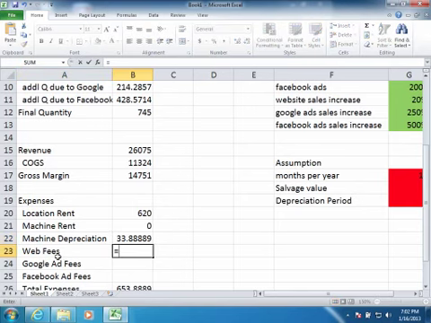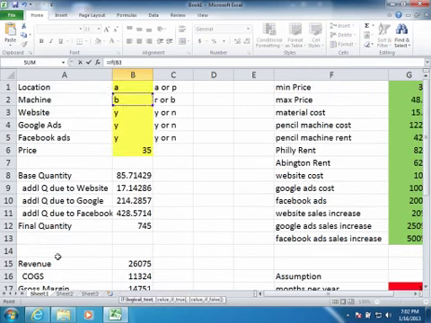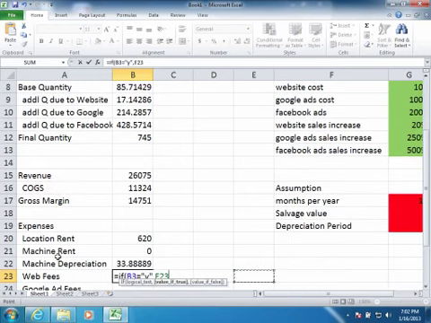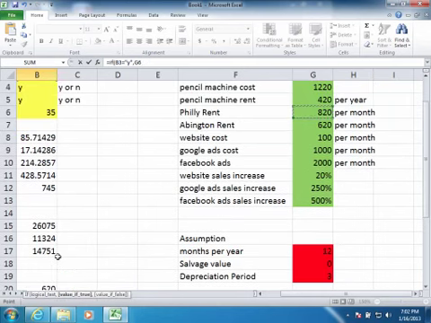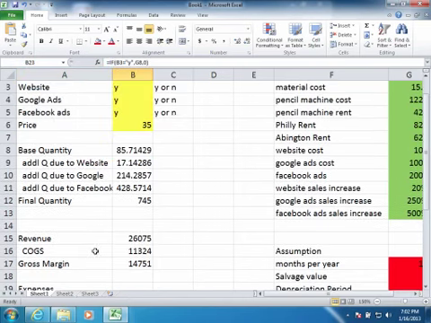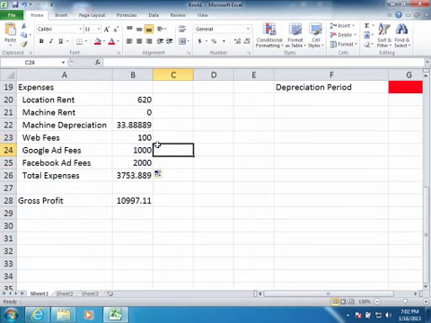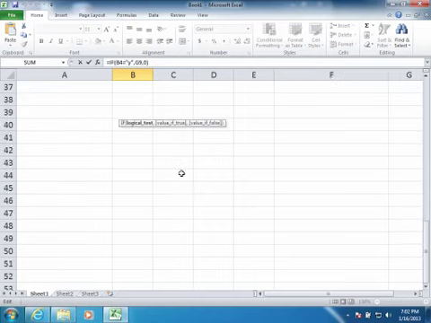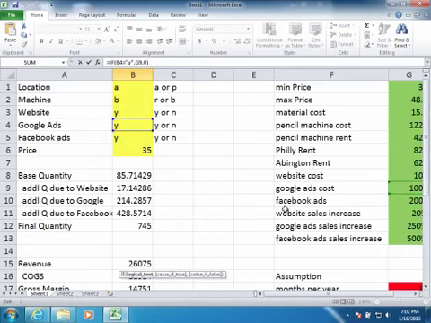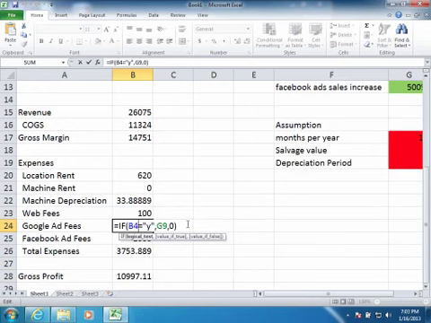All right, so web fees equals if website equals yes, then website cost, otherwise 0. And it's the same for the other two. The reason I put them in the order that I did is so that I could just copy them down like this. See? And so this is already set up. If Google Ads is Y, then Google Ad cost is 1,000.